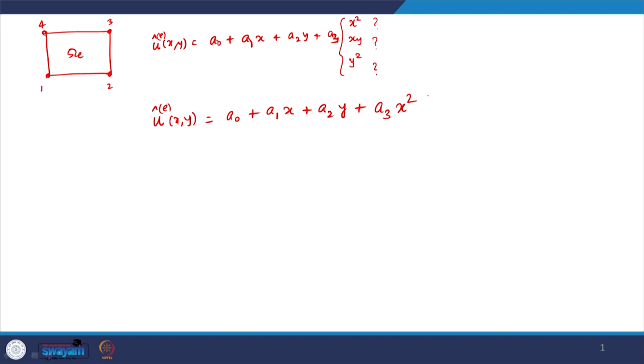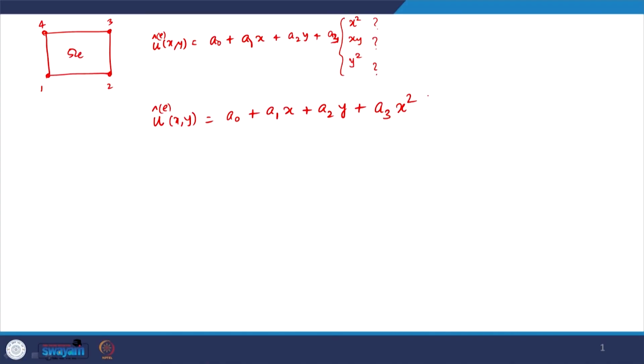But what happens is the choice of frame of reference will be encoded in your finite element formulation, in x and y. These are based on a certain orientation of the frame of reference x and y. So, I choose x to be here and y to be here.